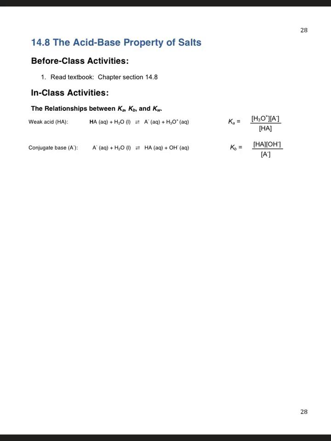Recall from Chem 122, we learned that when we combine two reaction equations together, the new equilibrium constant will come from the product of the two multiplied by each other. That means in this case, if I combine the reaction equation of weak acid ionization and the conjugate base ionization, you can cancel the conjugate base and you can also cancel the weak acid.